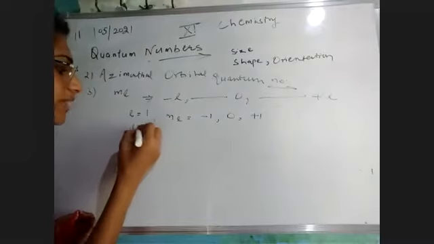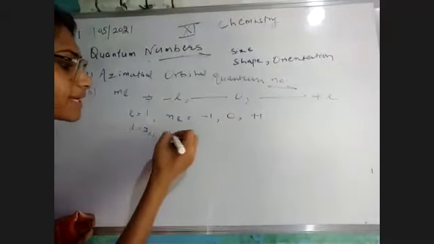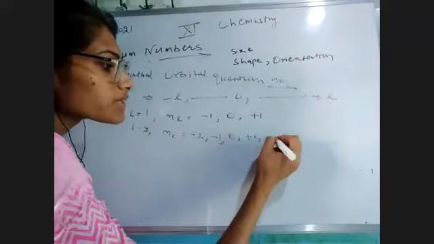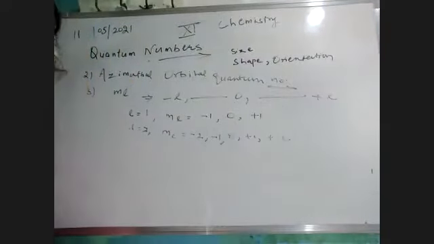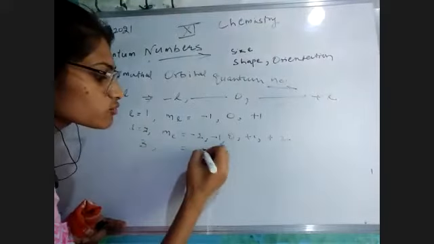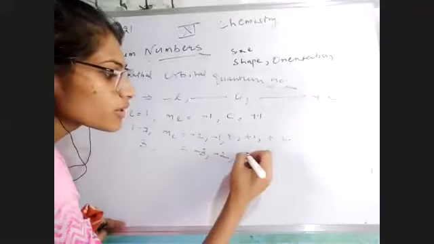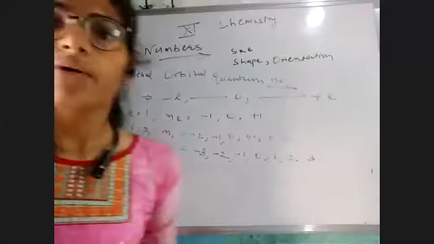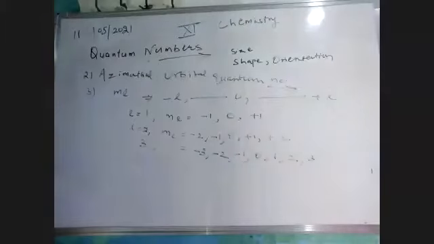If L equals 2, ML must be equal to minus 2, minus 1, 0, plus 1 and plus 2, and so on. Same if it is 3, it would be minus 3, minus 2, minus 1, 0, 1, 2 and 3. So this is how our ML is totally dependent on our L quantum number.